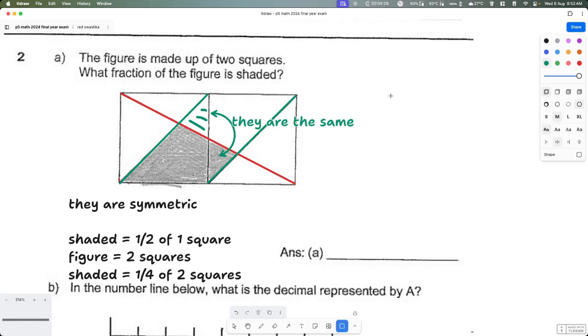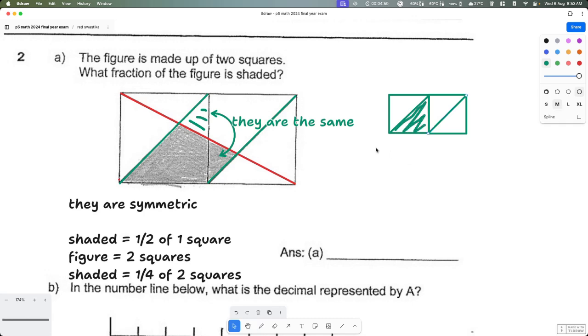Okay, that makes sense. Something like this. So we have one, and then we have two, and then we just put half like this, and then we just shade this part over here. That means in this case, one quarter is shaded.